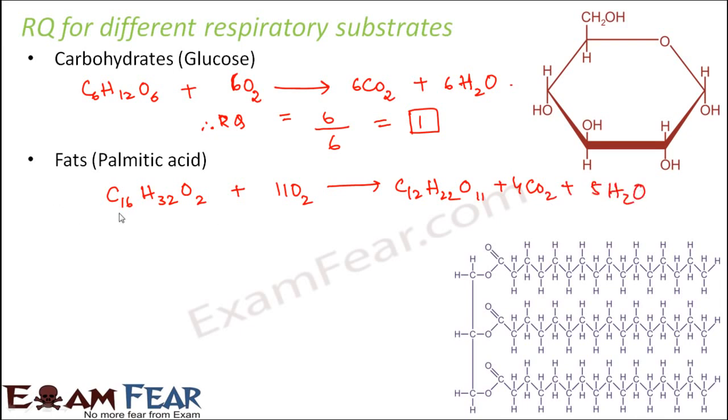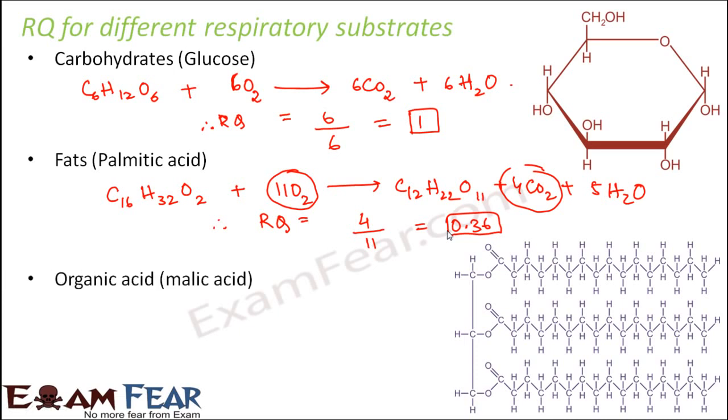This is the balanced equation for complete oxidation of palmitic acid. Here the respiratory quotient will be the number of molecules of carbon dioxide formed, which is 4, divided by the oxygen used, which is 11. So 4 by 11 is 0.36. This is the respiratory quotient for palmitic acid.